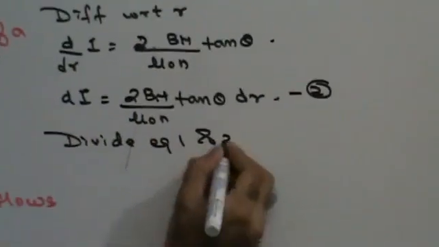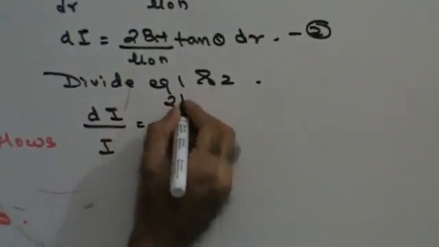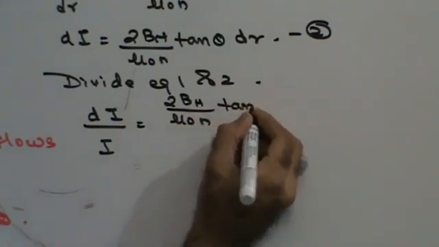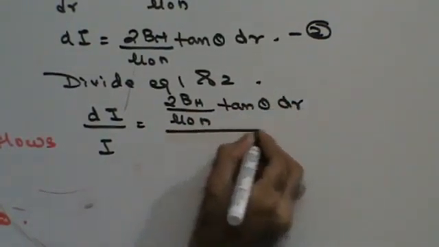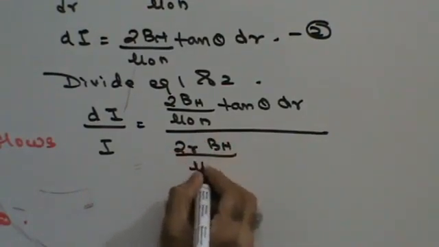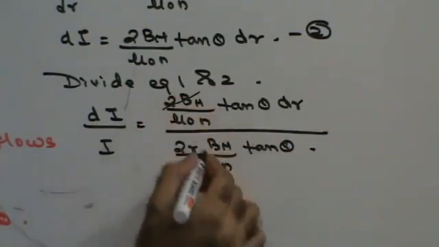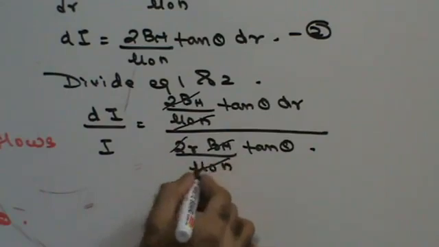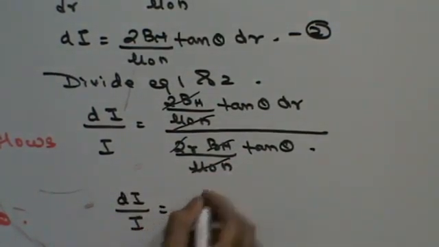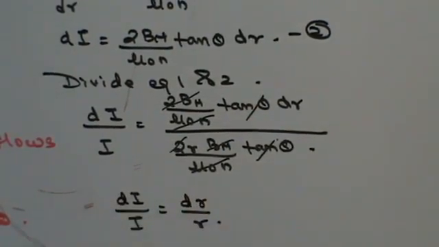Divide equation 2 by equation 1. If I do that, I'll get dI upon I is 2BH upon mu 0 n tan theta dr, upon 2r BH upon mu 0 n tan theta. So 2BH gone, mu 0 n gone, tan theta gone. What you get is dI upon I is nothing but dr upon r.